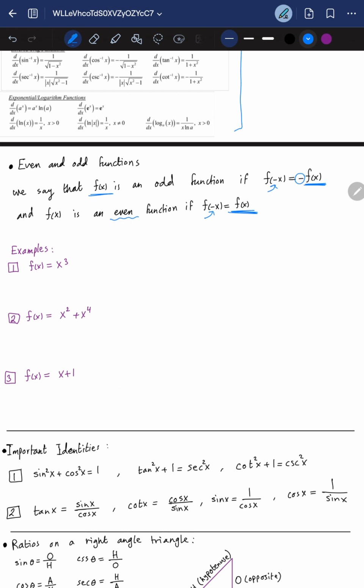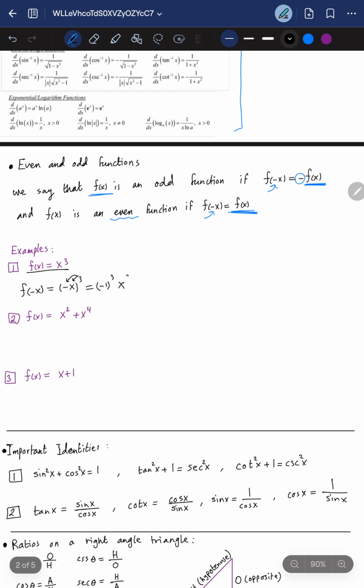Okay, so let's do quick examples to make sure that you understand this concept. For example, if I have f of x equals x cubed, and I plug in negative x inside of x cubed, I'm just substituting negative x instead of x. Now we can distribute the cube, obviously.